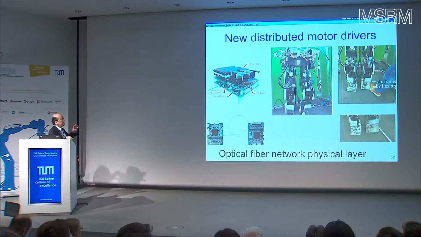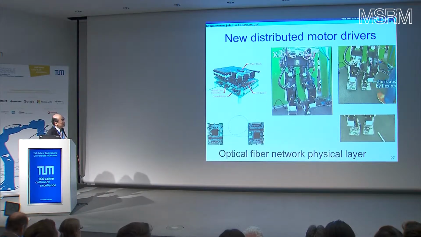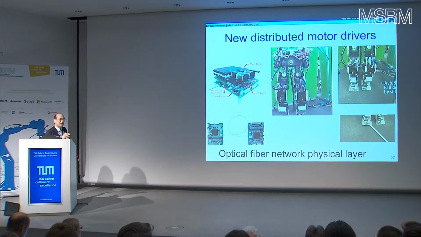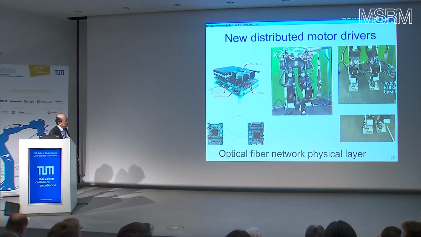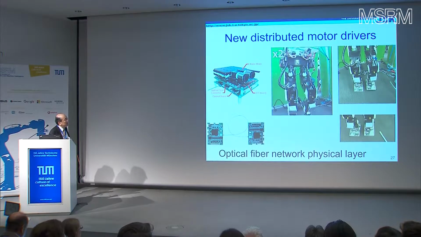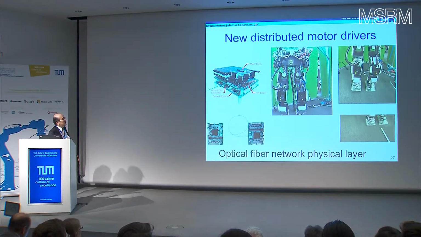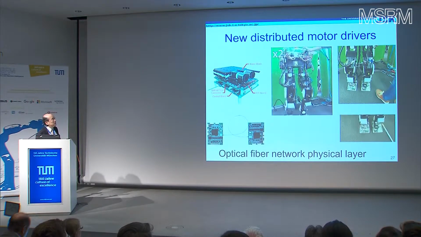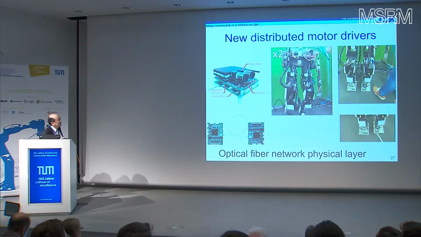And we are trying to improve the very important key element. Right now, it's the motor driver. The communication link should be more robust, and also the speed should be faster.